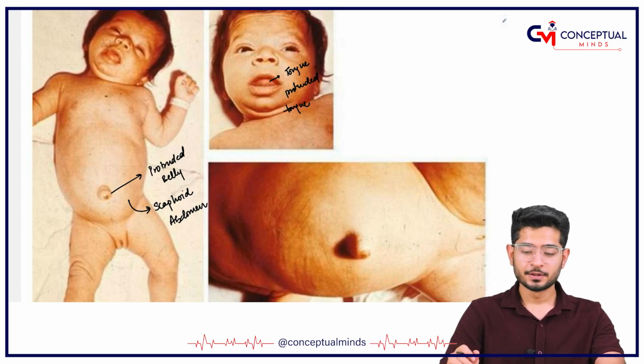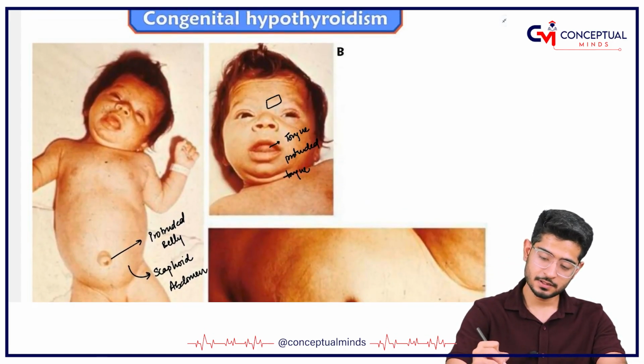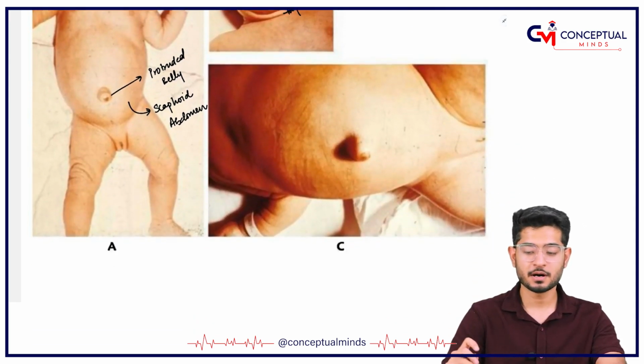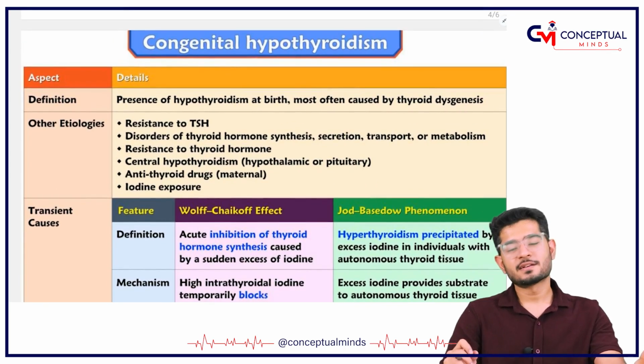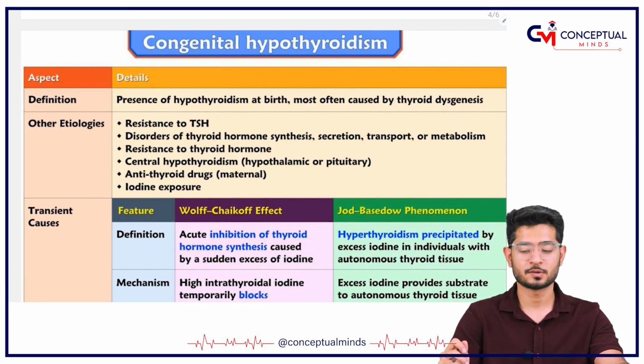Okay, right? And if you see, there is no hair or less hair, sparse hair. This is something which we see in the patients who are suffering from congenital hypothyroidism.